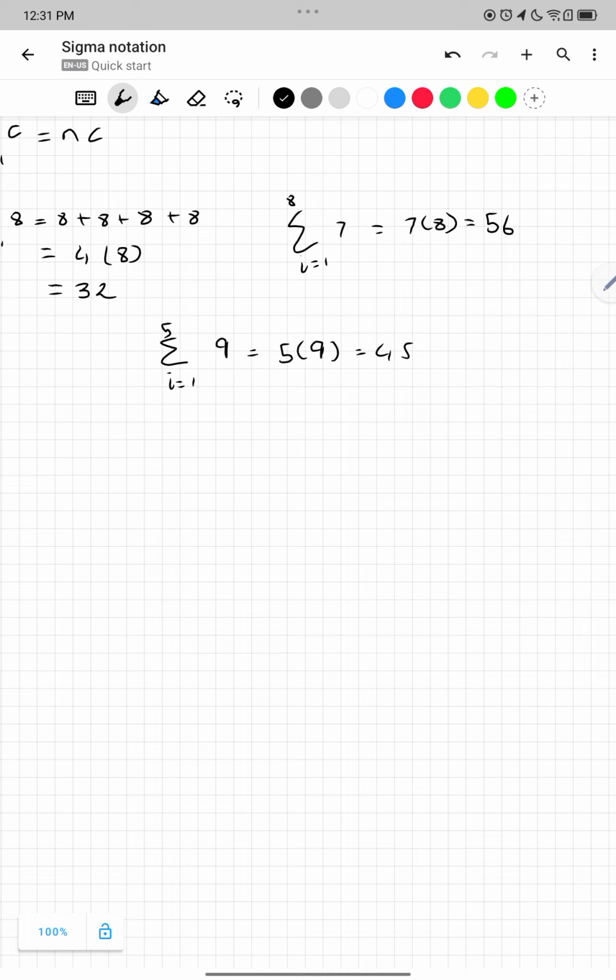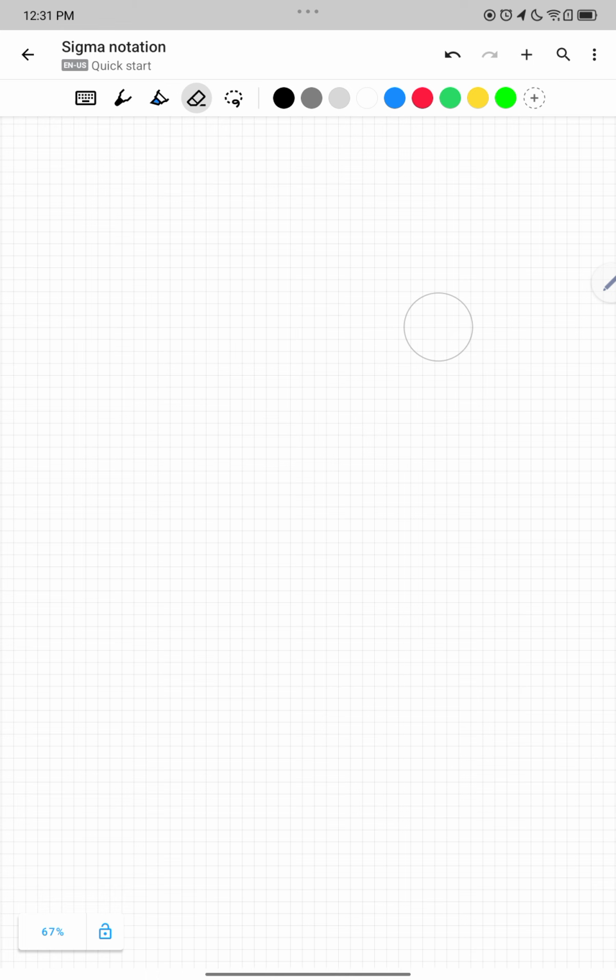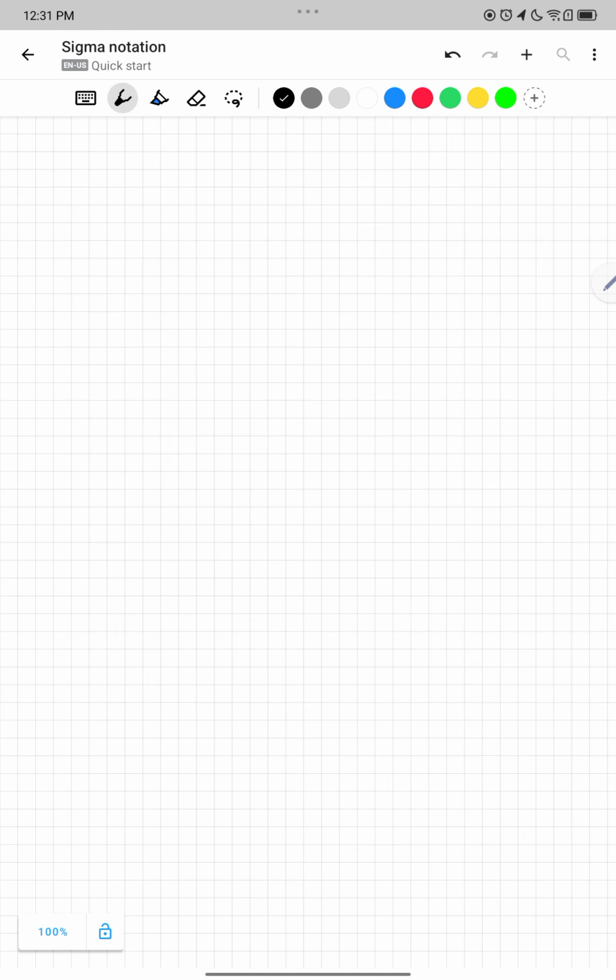Right, but we have other formulas in Sigma notations that are really important. So the first formula will be this. Okay, the second formula will be this.